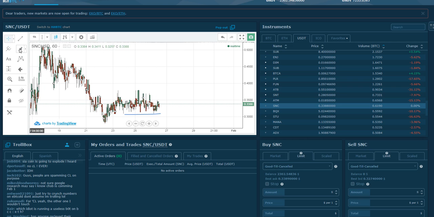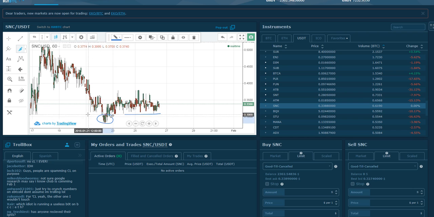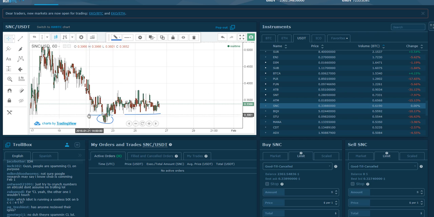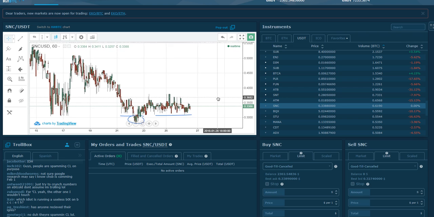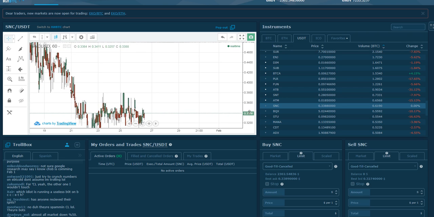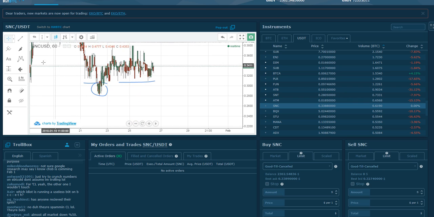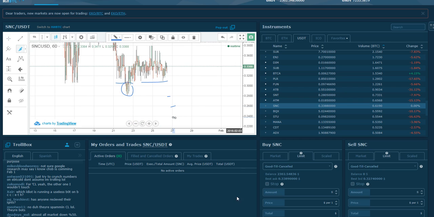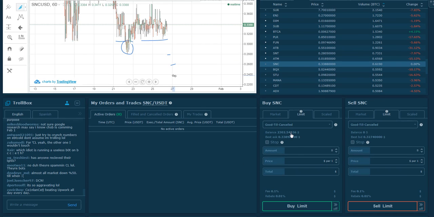I see. So this was the big crash where this coin dropped 10%. 28, 26, 24. Alright, whatever.